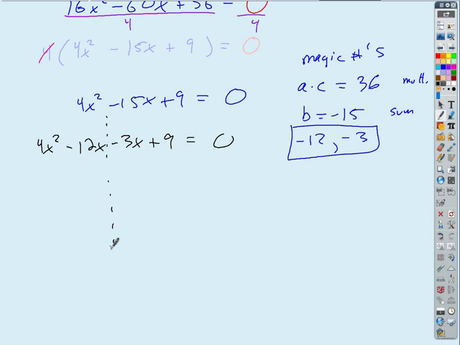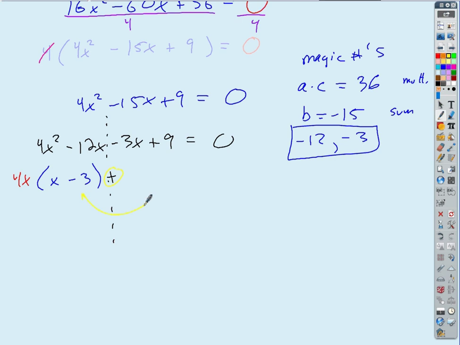Okay, I'm gonna factor out the greatest common factor of group 1. So what is the greatest common factor? 4x. Okay, so I'll take out a 4x, leaving me with, okay, good. And so then I'm gonna have a plus sign that's separating the two groups. Now, what do you know about the second group?